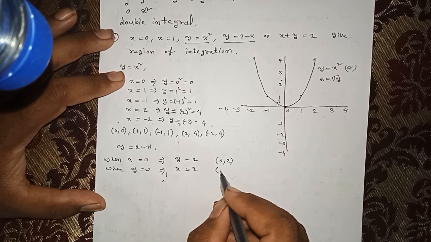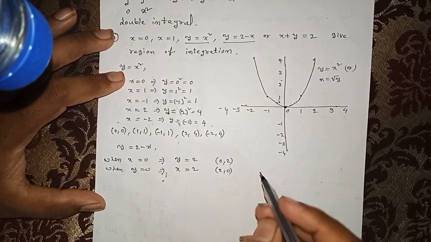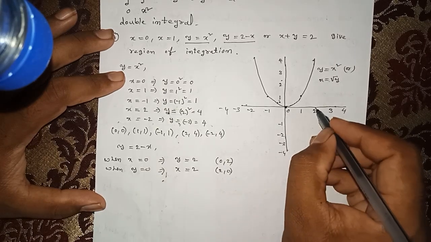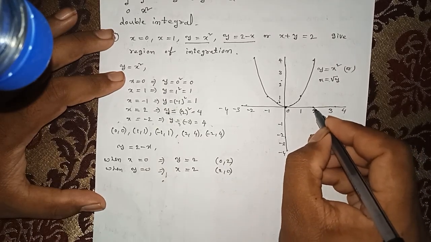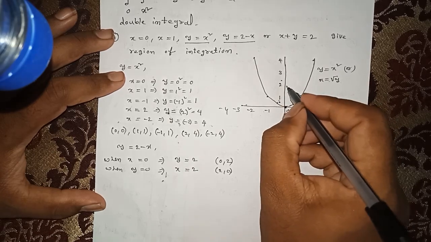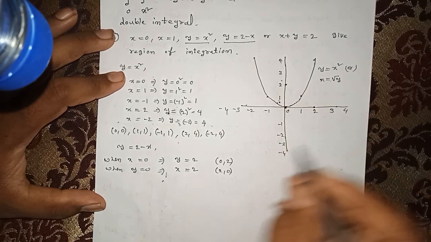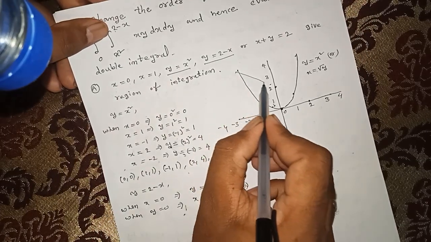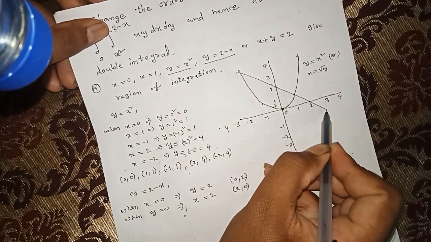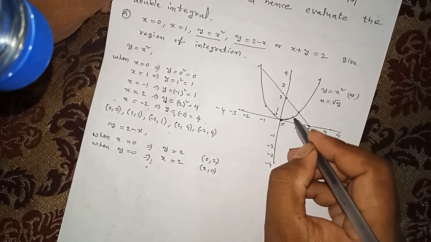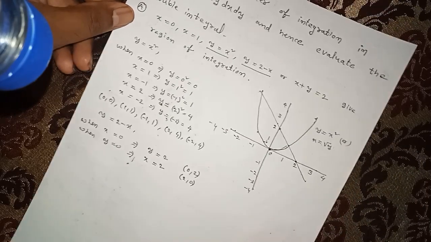Therefore, the ordinate is 2, 0. Now we have to identify these 2 points on the xy plane. 0, 2 is here, 2, 0 is here. A straight line will be passing through these 2 points.